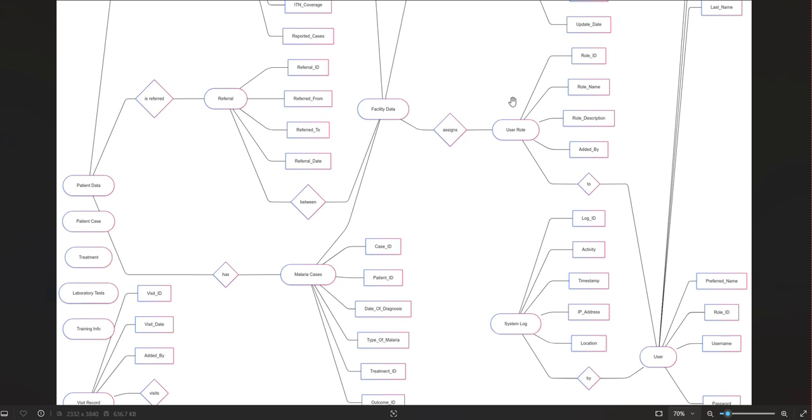If someone is another basic user in the system, let's say an accountant, they may not necessarily need access to patient records, for example their medical records. But if it is a doctor or a nurse, they may be able to access the patient medical records. All this is handled under the user role, and this user role entity has these four attributes in our system.